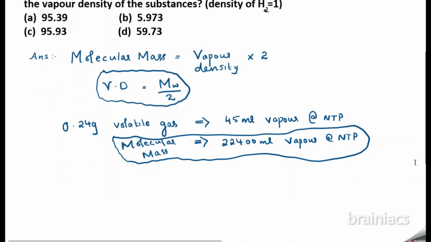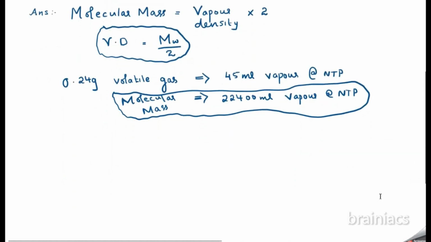Okay, so we will now proceed. Here we need to convert 45 ml to 1 ml. How can we do that? To convert any value to 1 ml, divide by the same number. So I am dividing 45 ml by 45, on equation 1.